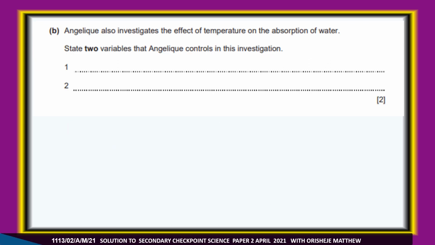Angelique also investigated the effect of temperature on the absorption of water. State two variables that Angelique controlled in this experiment.